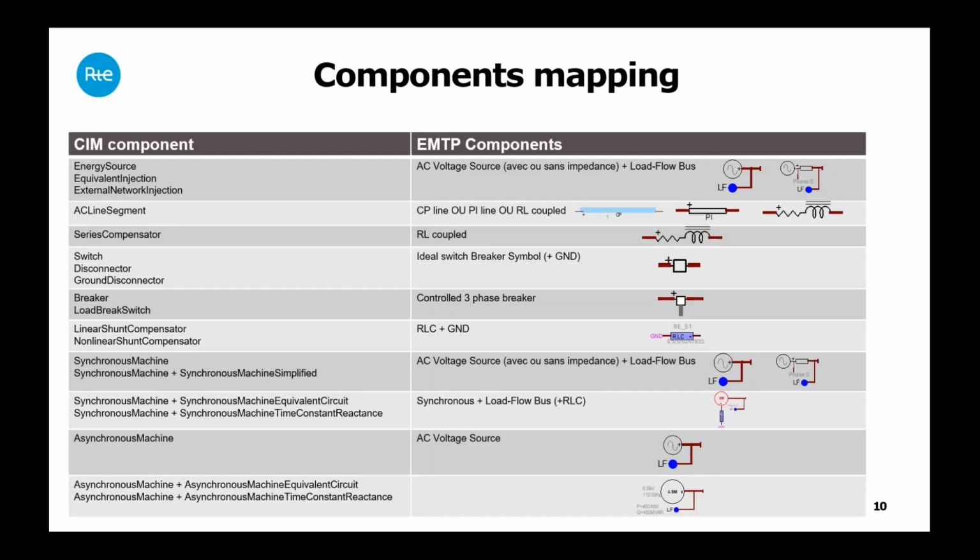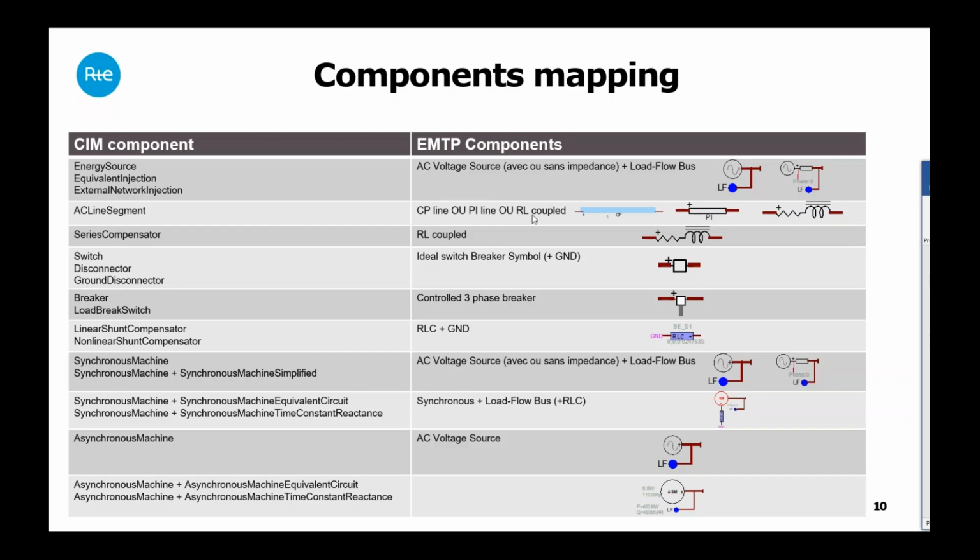Here we have the mapping between CIM and EMTP objects. In this table, you can see on the left CIM components and their EMTP equivalents on the right. And there is no direct mapping between CIM and EMTP. For example, the equivalent of an AC line segment can be a CP line, a PI line, or even RL coupled.